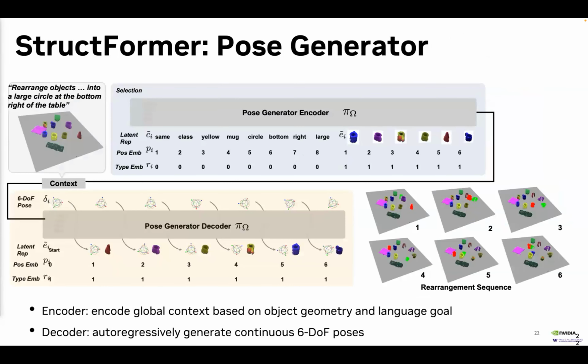And then we feed that into another transformer down here that then actually generates a sequence of transformations for these individual objects such that the overall arrangement is achieved. Okay, and this is an autoregressive model because each object placement is based on where the previous objects were placed, so that, for example, you can arrange them in a circle, things like that.